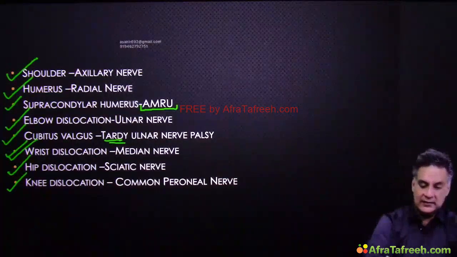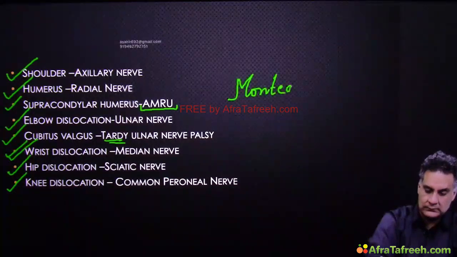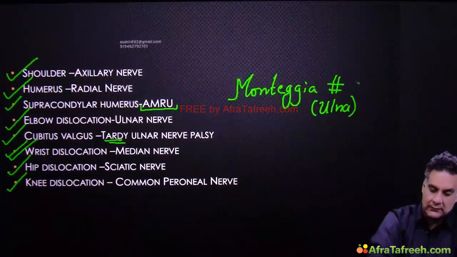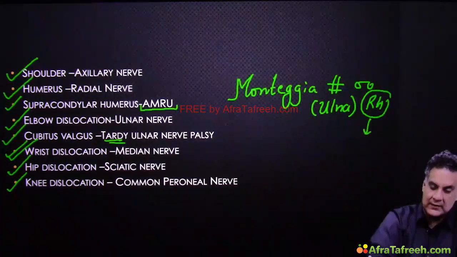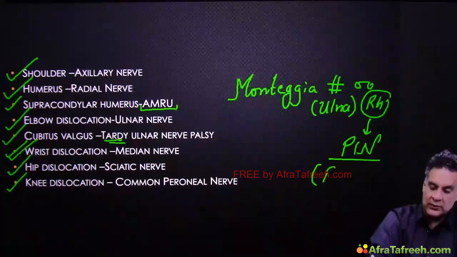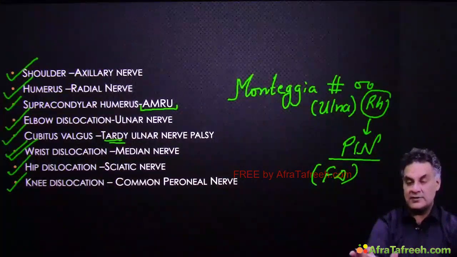And then there is something called Monteggia. Monteggia is a fracture of ulna with the dislocation of radial head. And around the head of radius, you have a nerve called posterior interosseous nerve, which is known to cause finger drop. We did this when we did the chapter of nerve injuries.